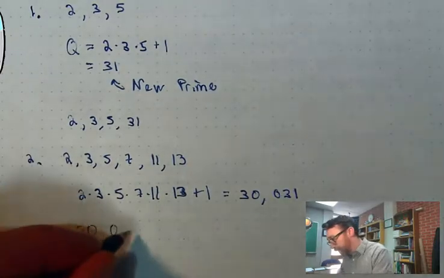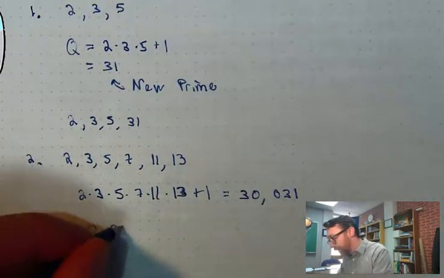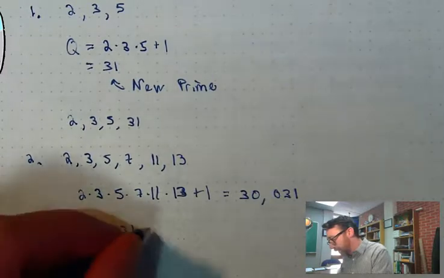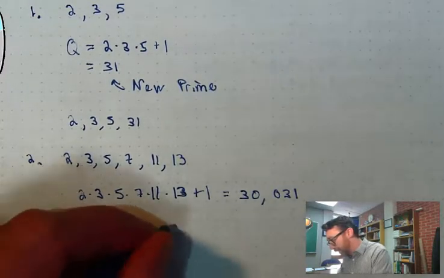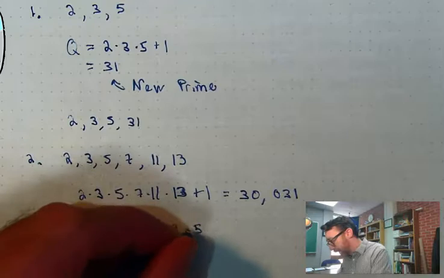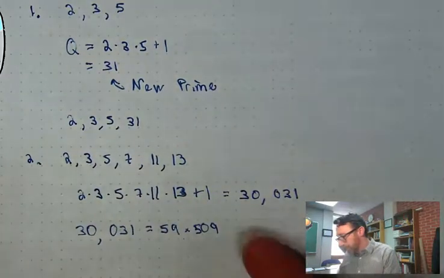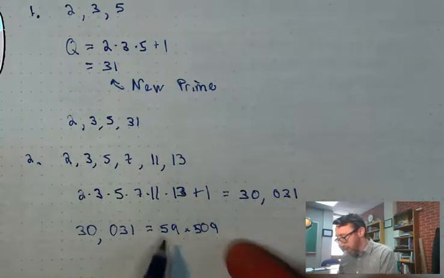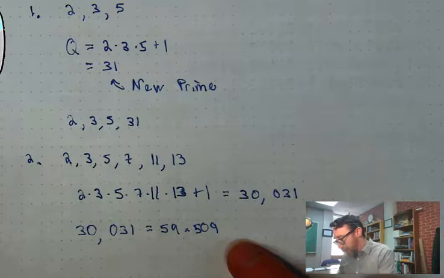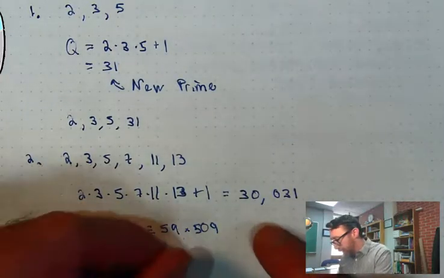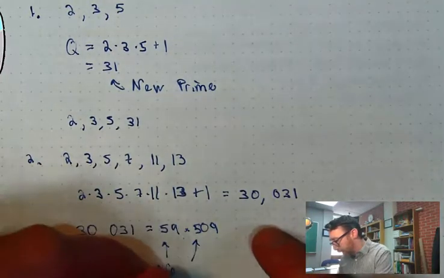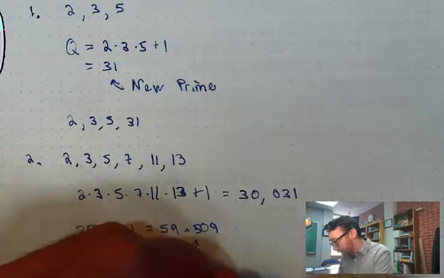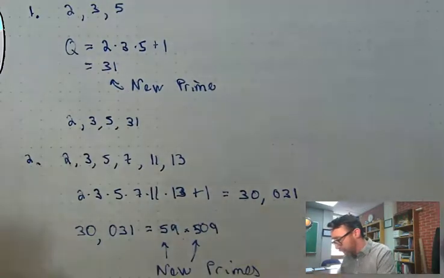So 30,031 is equal to 59 times 509. So we got a composite here, but it turns out that both of these are prime, as you can check. So these are both new primes. So sometimes doing this procedure generates more than one prime.